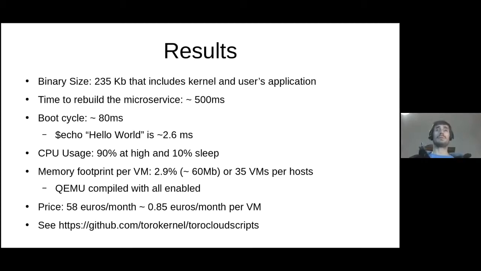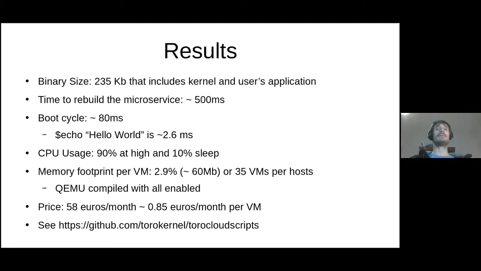And another important factor I was interested in was the CPU usage. In this case, the VM consumes 90% of the CPU when it's answering a request, and then when it's completely asleep, meaning that the core is halt or the VM is halt, it is taking about 100% of CPU.